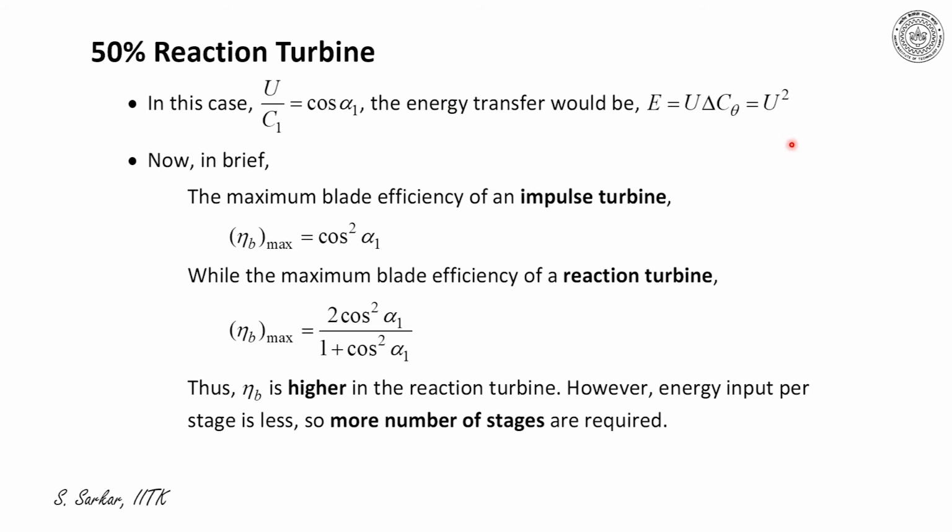becomes U squared. Now I'd like to remind you in brief that the maximum blade efficiency of an impulse turbine is eta B max equal to cos squared alpha 1, while the maximum efficiency of a 50% reaction turbine is eta B max equal to twice cos squared alpha 1 divided by 1 plus cos squared alpha 1.